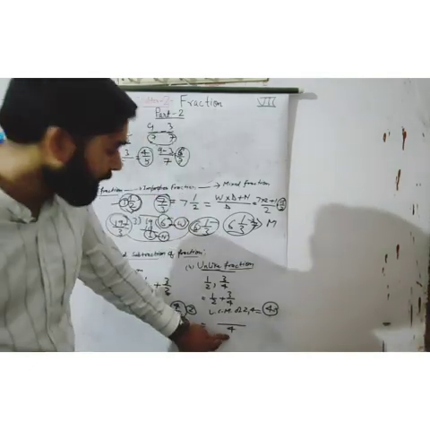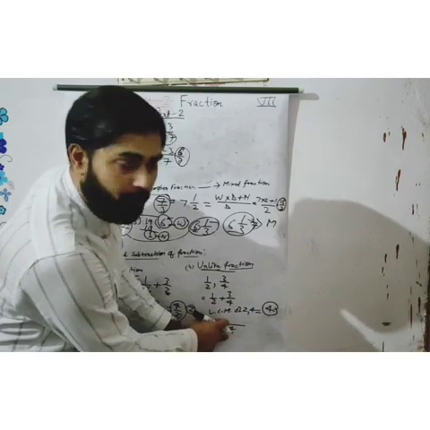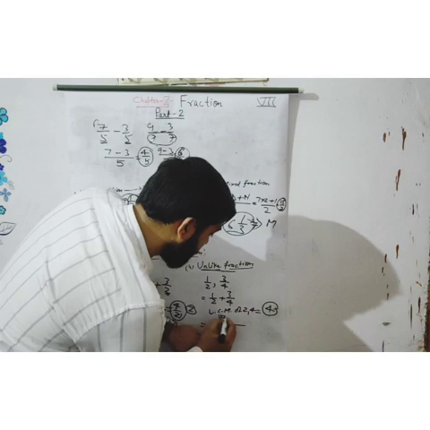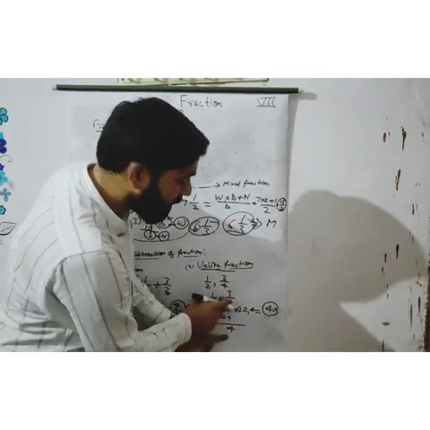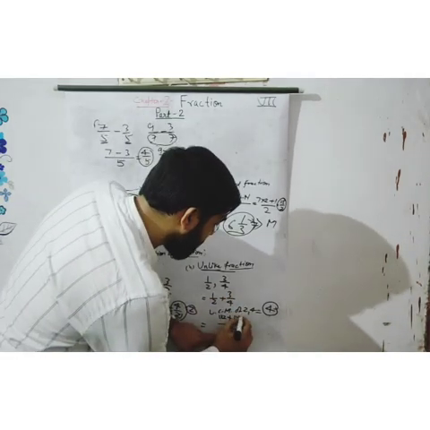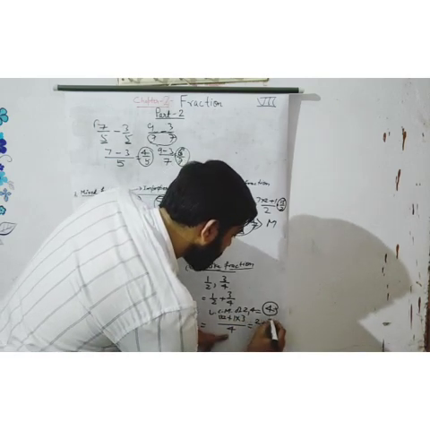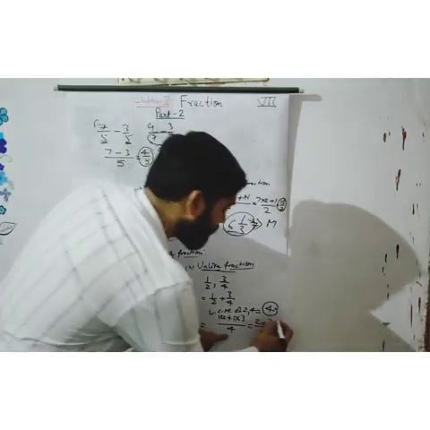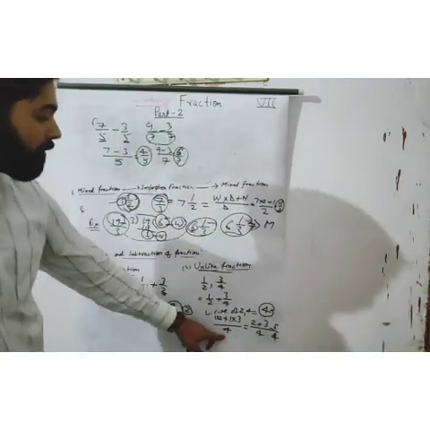Then we divide it by the first fraction's denominator, so 2 2s are 4, and multiply by 1, so 1 multiplied by 2, then plus. Again the common denominator divided by the second fraction's denominator, 4 1s are 4, and then 1 multiplied by 3. So 2 plus 3 is 5 upon 4.